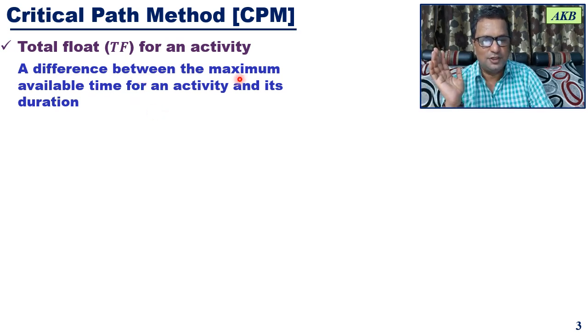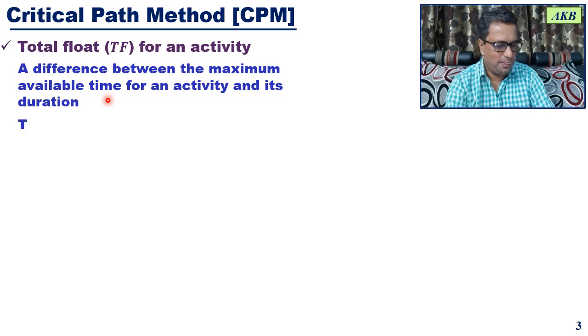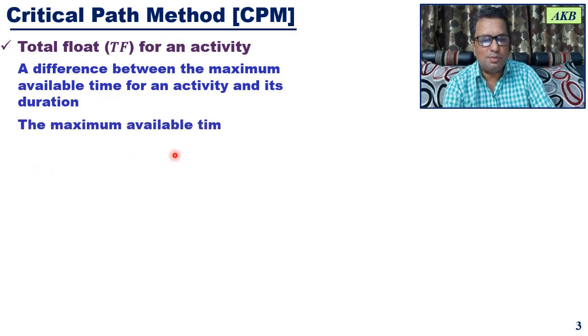We are going to denote it as TF. So total float for an activity is the difference between the maximum available time for performing an activity and its actual duration.